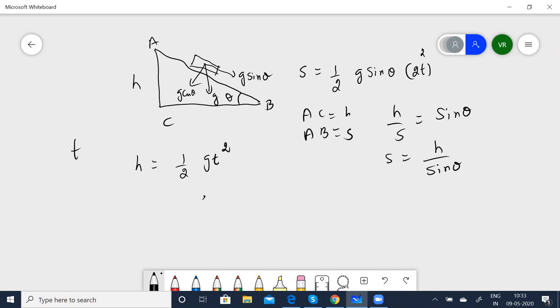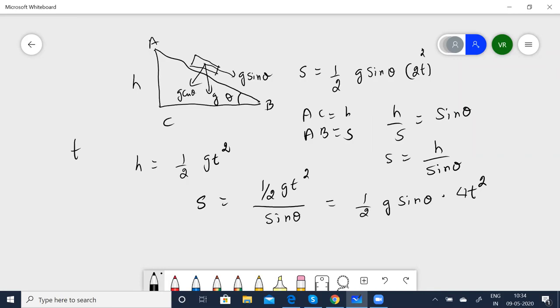S is going to be equal to half g t squared divided by sin theta, which is nothing but half g sin theta into 4t squared. I'm substituting the value given, so that is going to give you 4 sin theta.